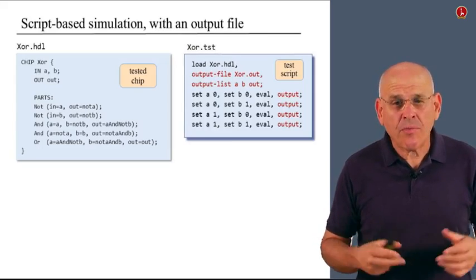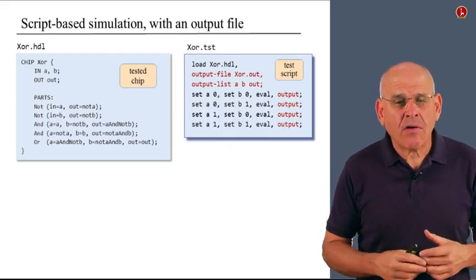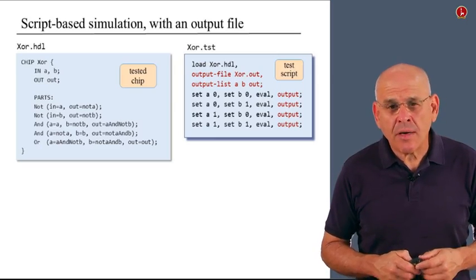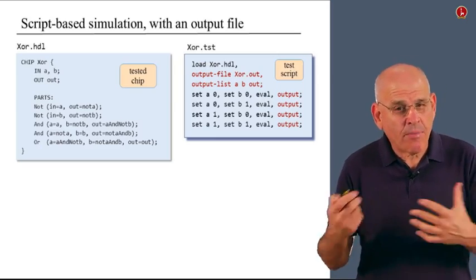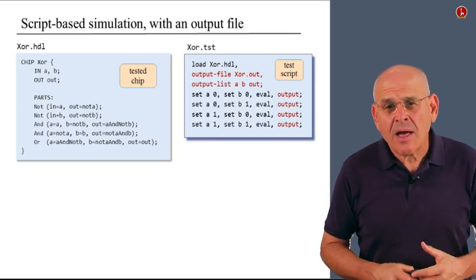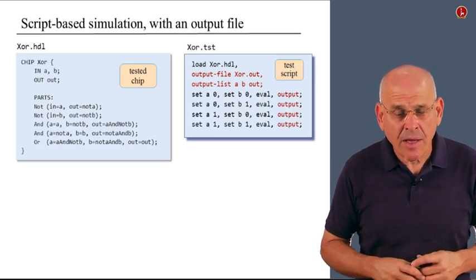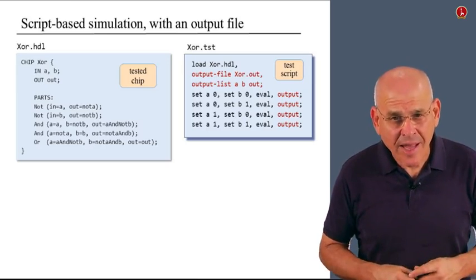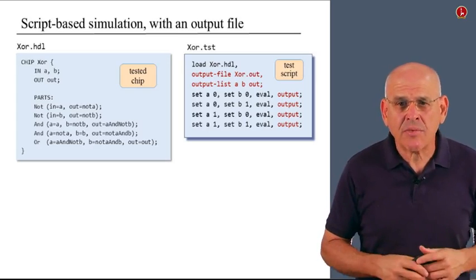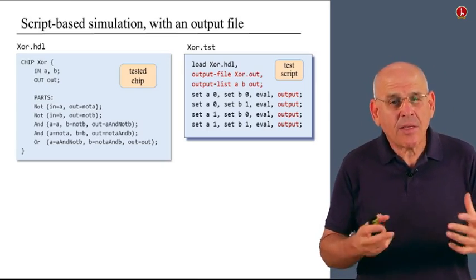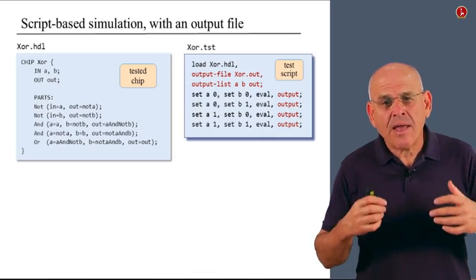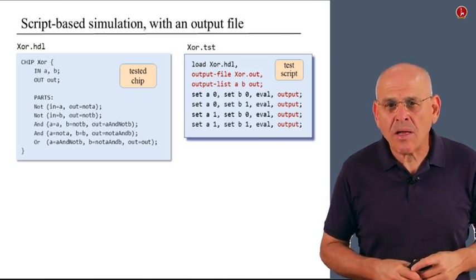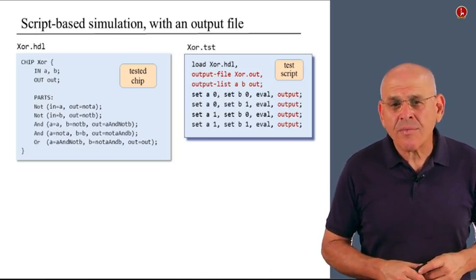Another thing that we can do is keep track of the outputs of the simulation. So in particular, we can augment our basic test scripts with something like the following commands. At the beginning of the test, when we initialize things, we can instruct the simulator to create an output file, which in this example we happen to call xor.out.